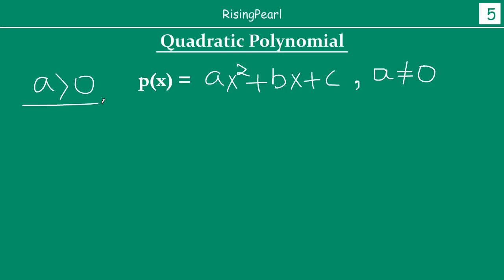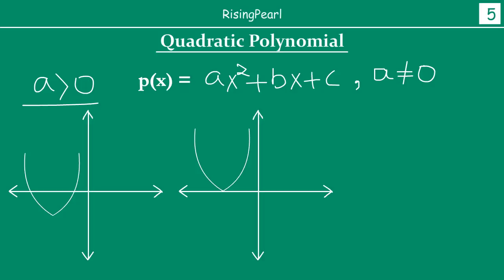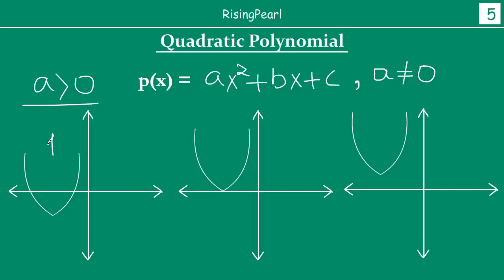In the last webisode we saw that if a is more than 0, you can get a graph like this, or like this, or like this. So what is common in all these graphs is that the parabola is facing upwards.